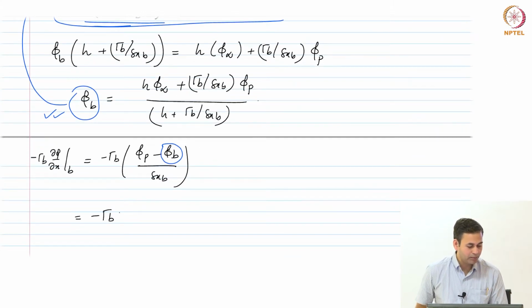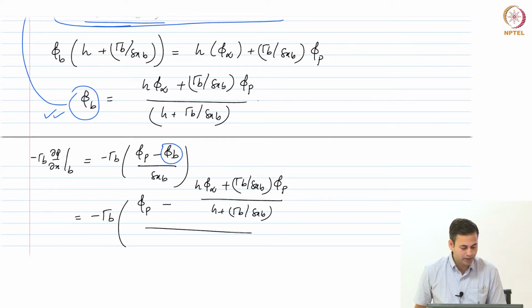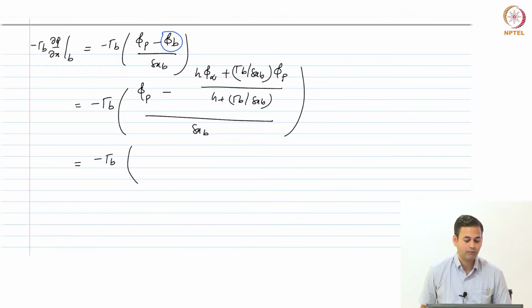What would that lead to? That would be minus gamma b times phi p minus, I have a bigger expression here, h phi infinity plus gamma b by del x b times phi p upon h plus gamma b by del x b, right, divided by delta x b, right? That's what we have. So if I simplify this further, what would that be? Minus gamma b times, what do we get here? What gets cancelled?